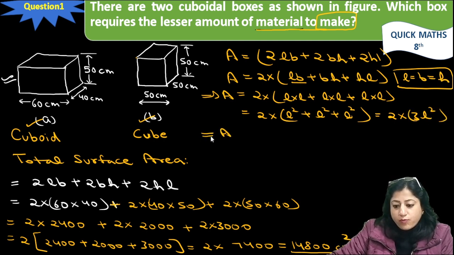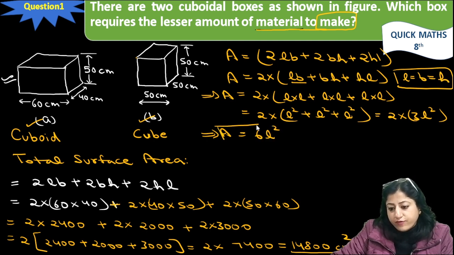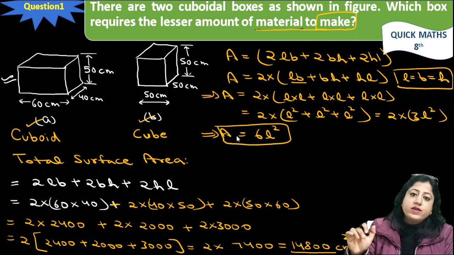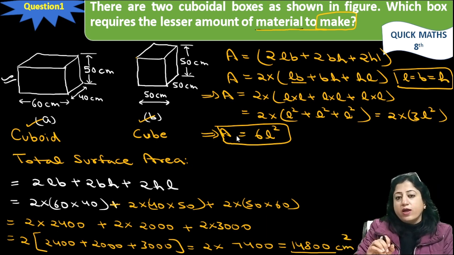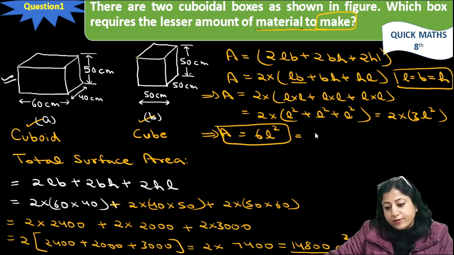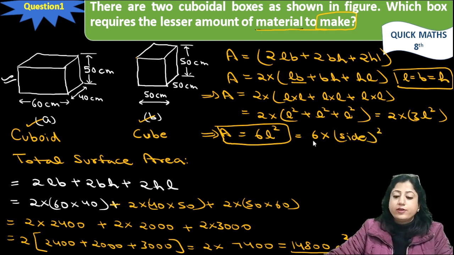So we get the formula of the cube, 6L square. We haven't done anything, we have just put L equal to B equal to H in the cuboid formula, and we get the formula for the area of the cube. It is 6L square, where L is the side. So 6 times side square is the formula for the cube.